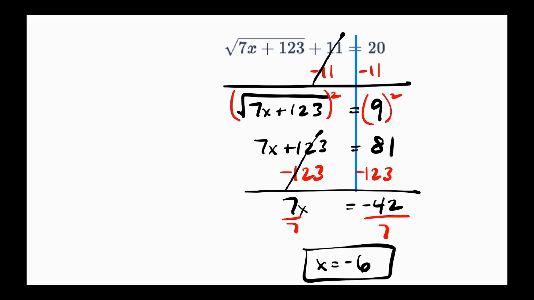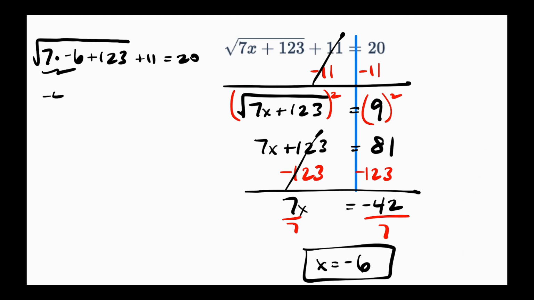Last step, number 4, I got to check to see if it's a verified answer, if it's an actual answer, or if it's extraneous. So anywhere I see an X, I'm going to put a -6 in there. Okay.